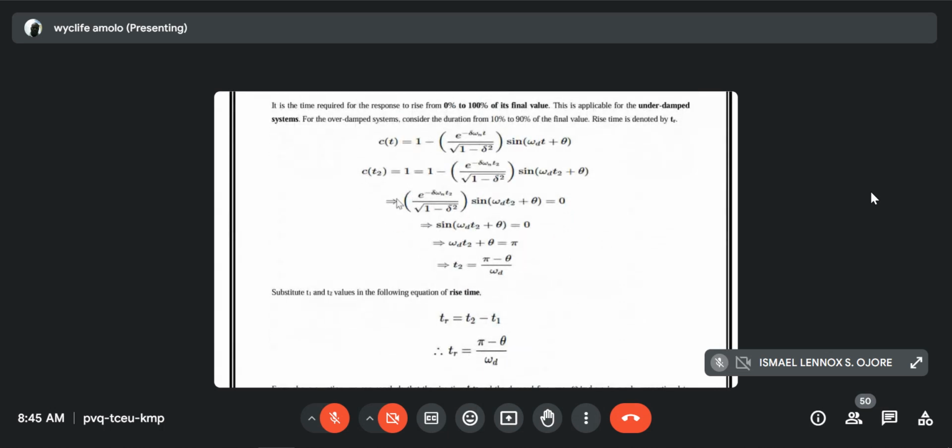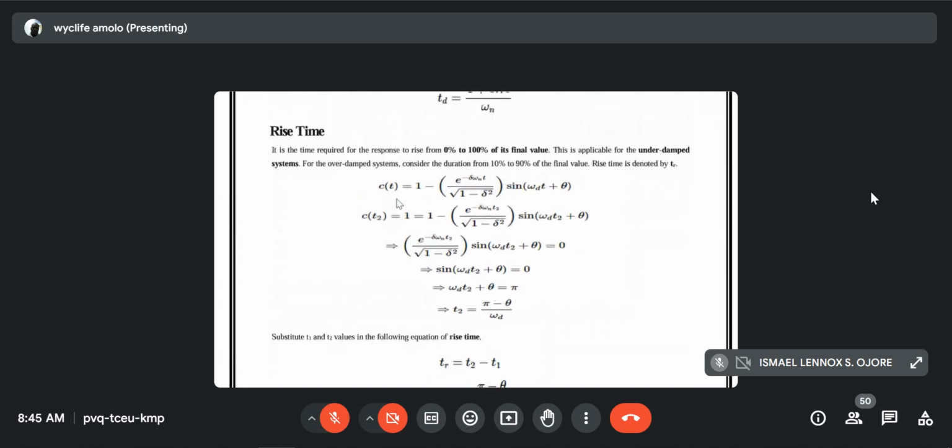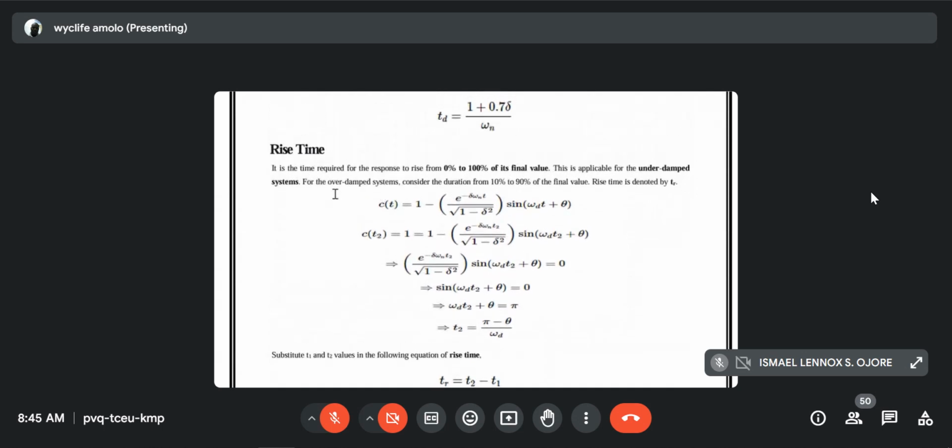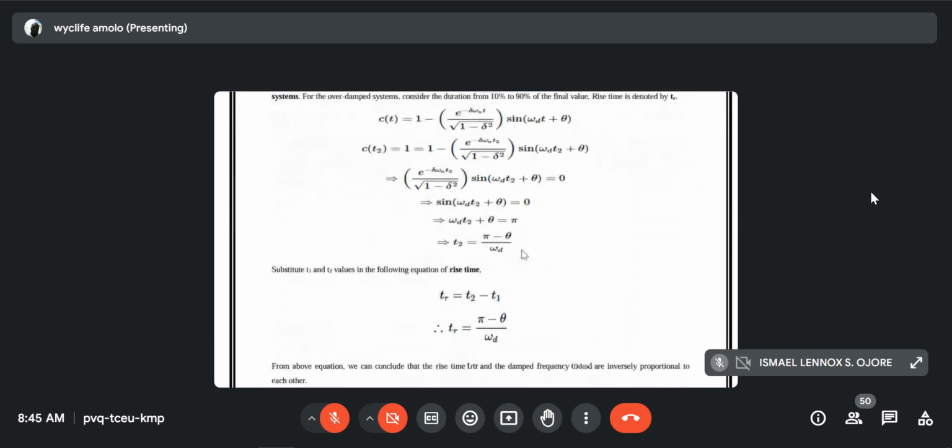There's a T2 here. So rise time is the time required for the response to rise from 0% to 100% of its final value. This is for the underdamped system. For the overdamped system, consider the duration of 10% to 90% of the final value. So 10% is T1, 90% is T2, and the difference is TR.